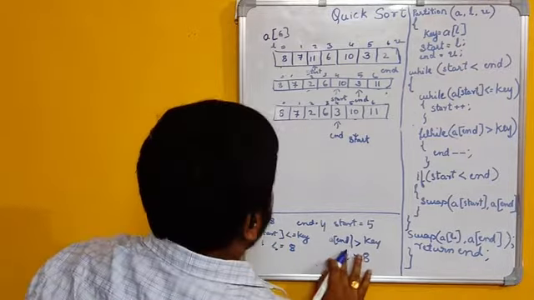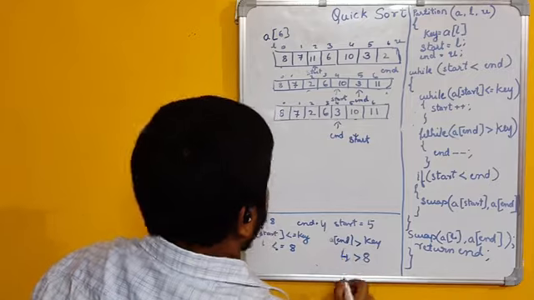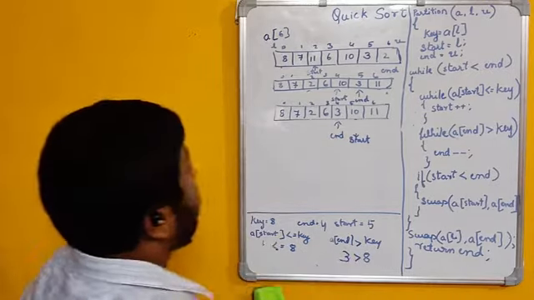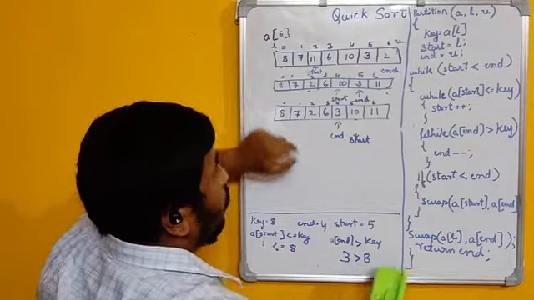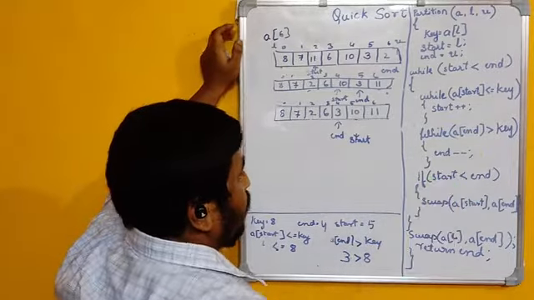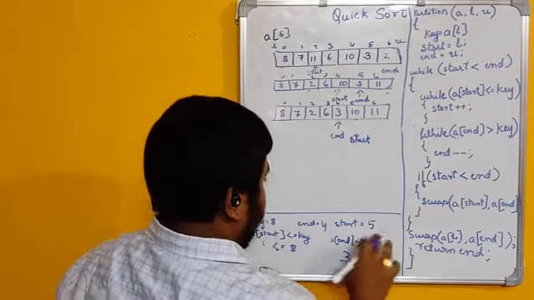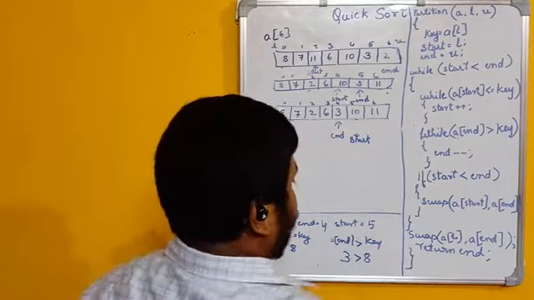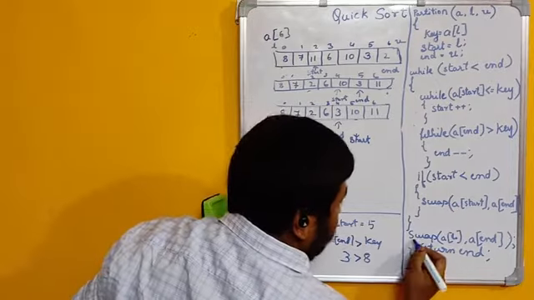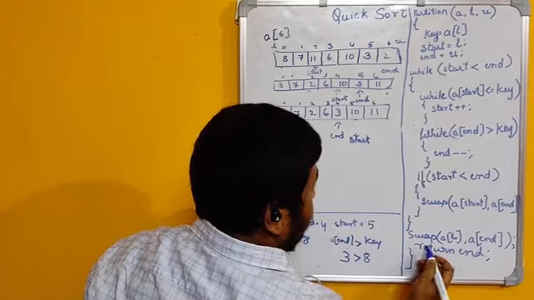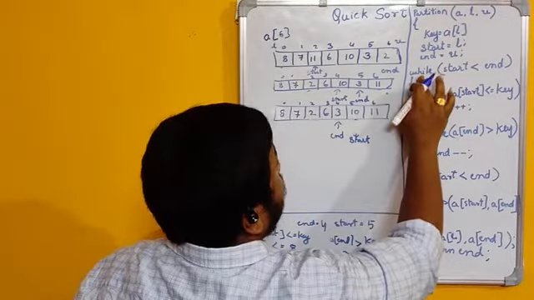A of 4 is 3. 3 is greater than 8? No. The condition failed, so it will come out of the loop. It will check now if start is less than end. Start is 5, end is 4. This condition also fails. Now it will come out of the loop.